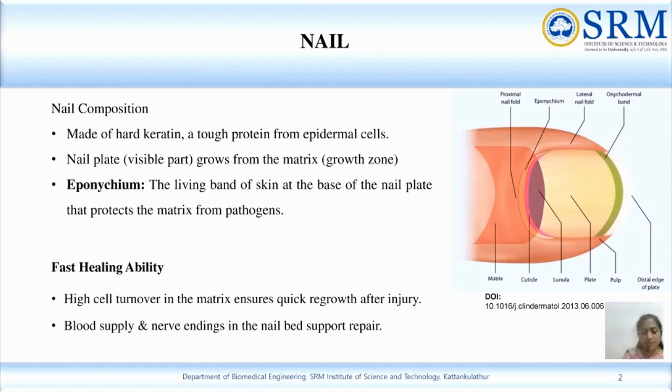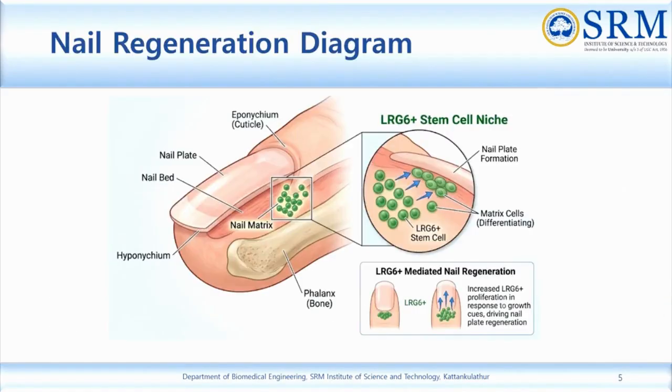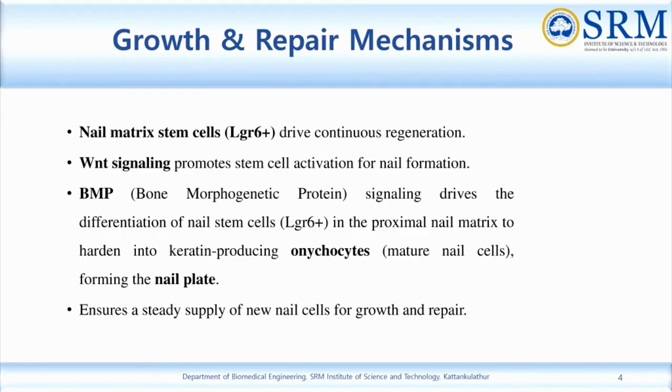Next, coming to the growth and repair mechanisms, we have some important stem cells. First is the nail matrix stem cell, which is LGR6+. This drives the continuous regeneration of the nails. There is Wnt signaling in the nail, which helps to support stem cell activation and nail formation.